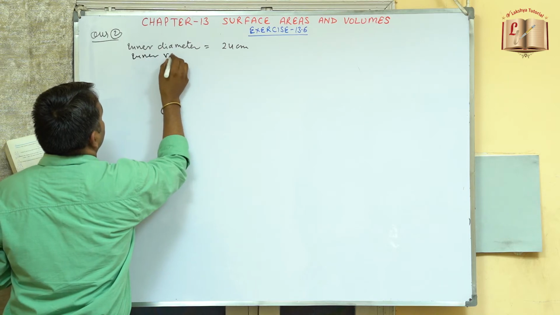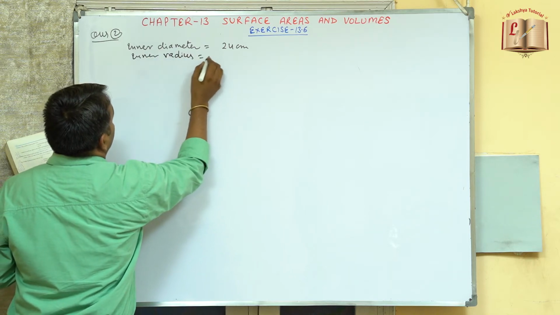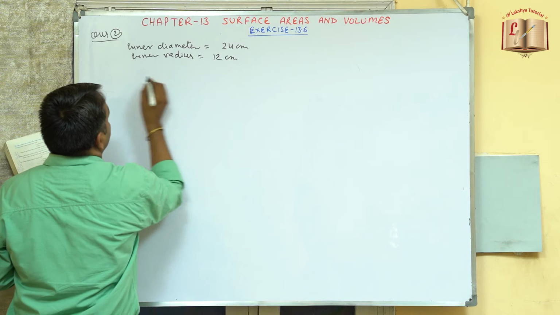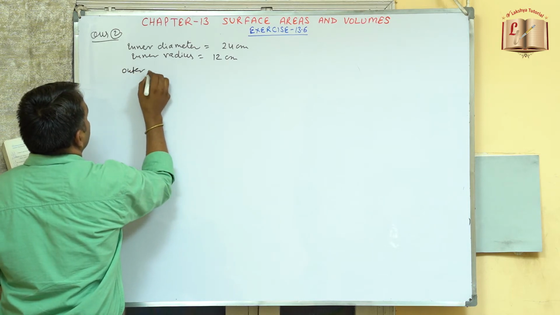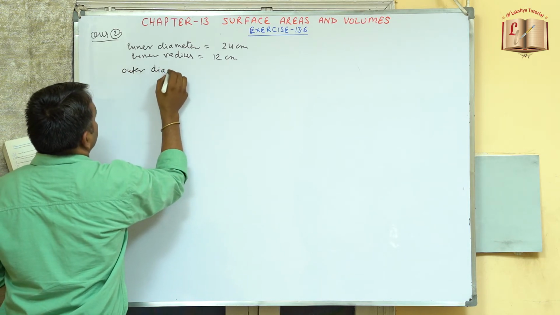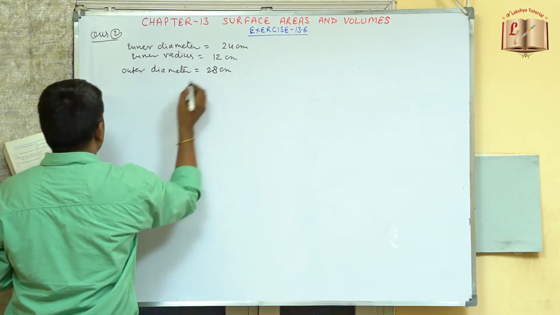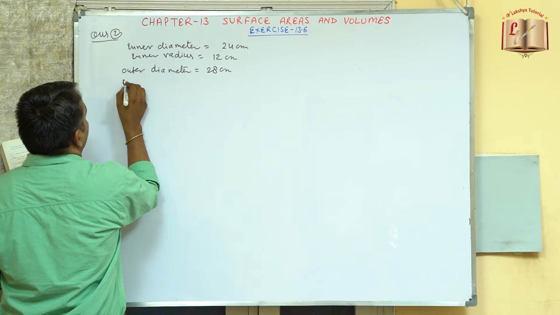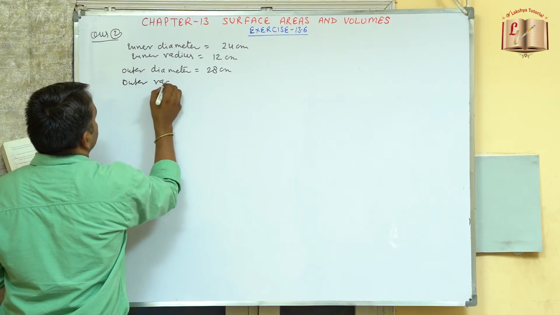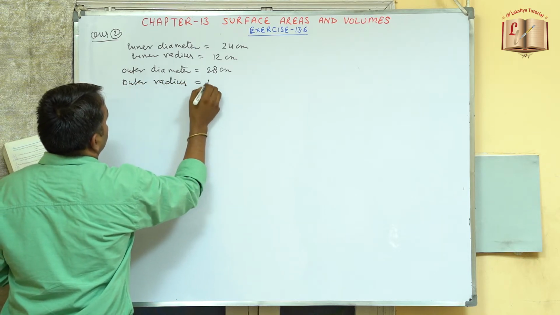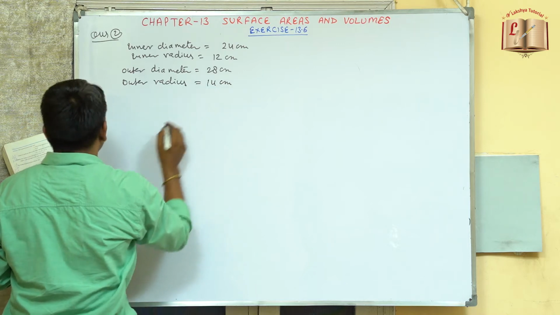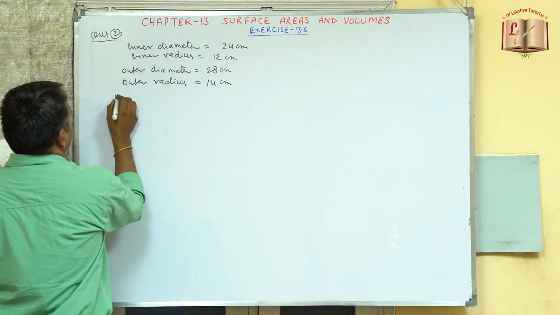So we can find out inner radius. Inner radius will be equals to 12 centimeter. Similarly, outer diameter is given as 28 centimeter. So we can find out the outer radius. So outer radius will be equals to 14 centimeters, and the height is already given.